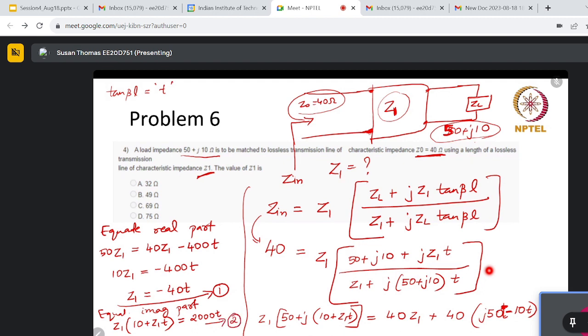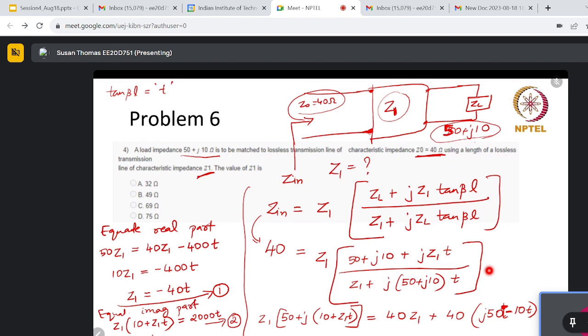So using these two equations, you can solve for the value of t. Putting Z1 equal to minus 40t into the second equation, you can solve for the value of t.